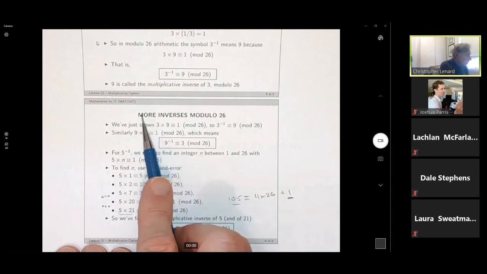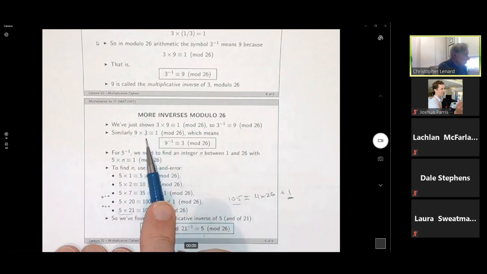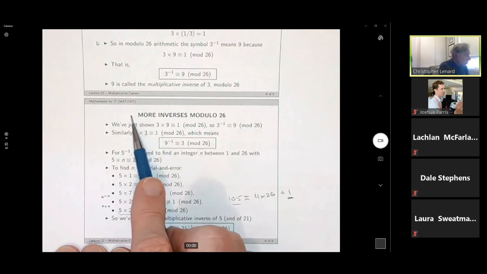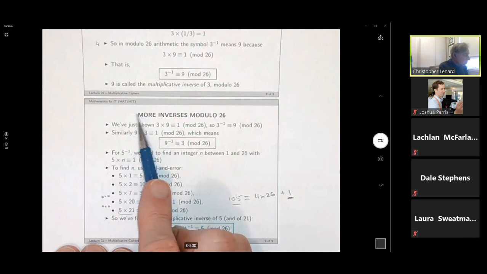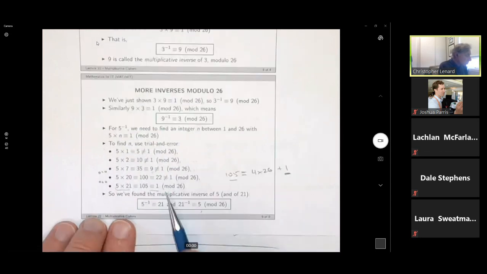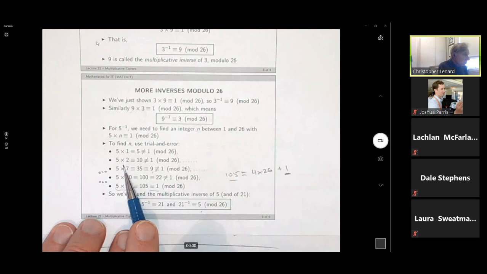Suppose I didn't know that. 9 times what gives me 1 in the 26 system? 9 times 3. What times 3 gives me 1 in the 26 system? 9 does. Inverse of 3 is 9. Inverse of 9 is 3. Inverse of 21 is 5. Inverse of 5 is 21. So we've got 2 for the price of 1.